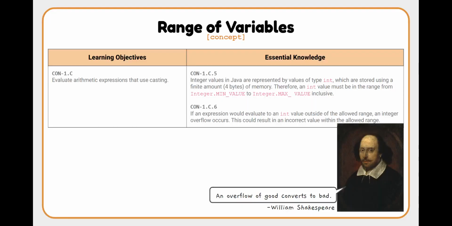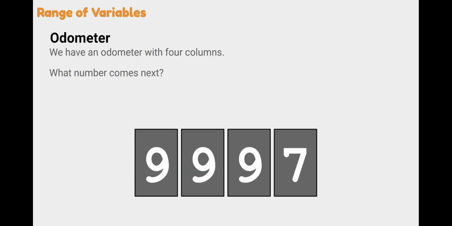Our last topic, not only for this lesson, but for this unit, is range of variables. Our learning objective, evaluate arithmetic expressions that use casting. So here we have an odometer that's going to flip numbers and count. So what number would come next as this odometer counts? It would be 9,998.